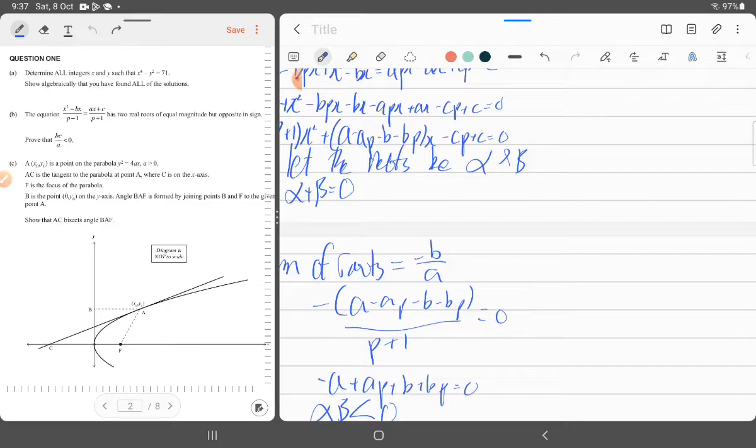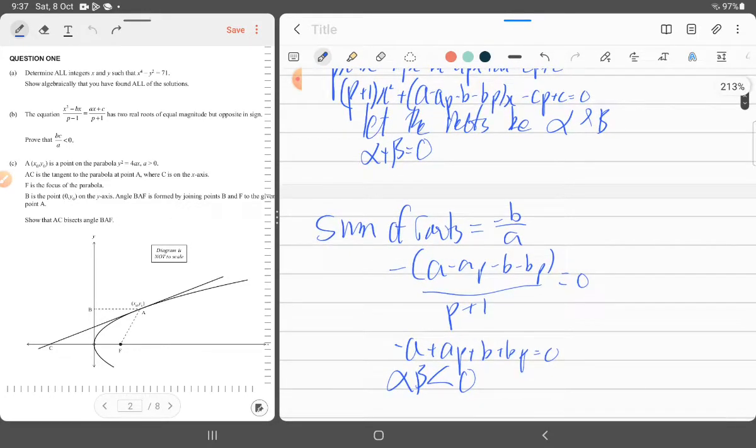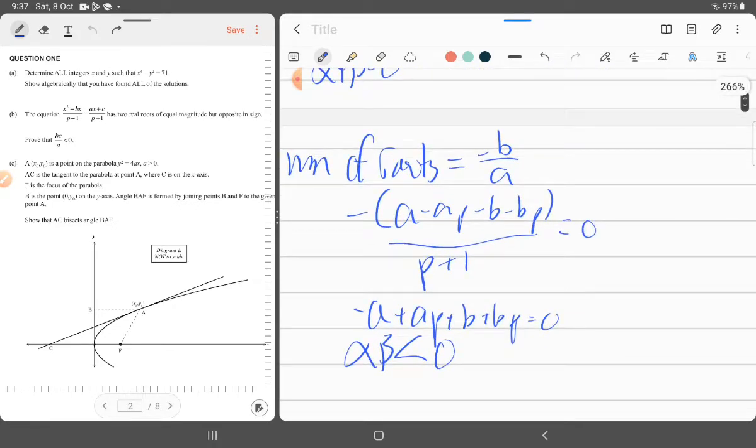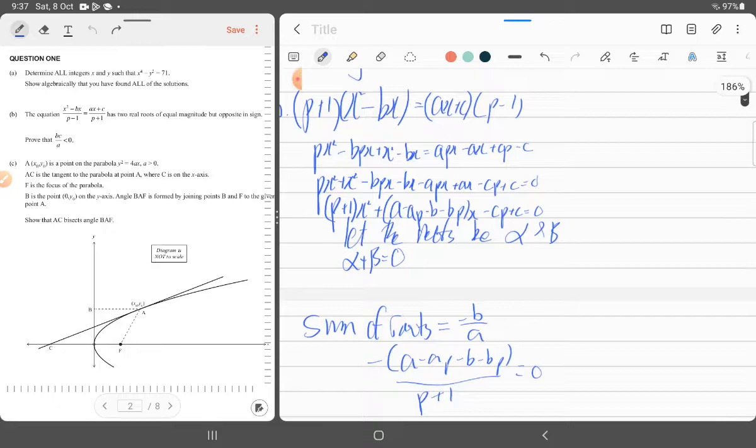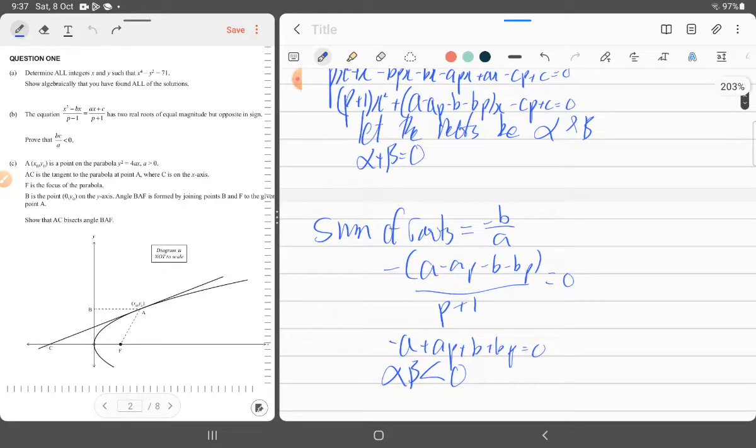Factor. So alpha times beta is less than 0.